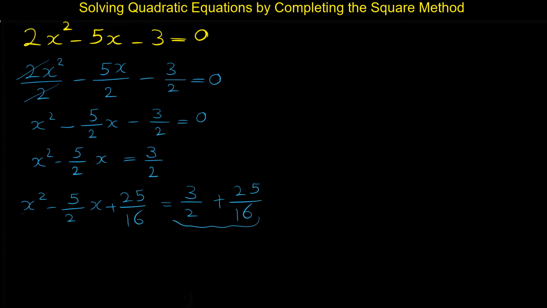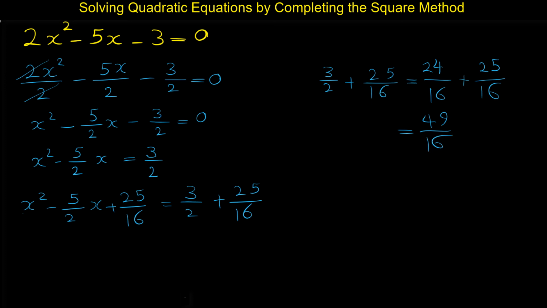If we simplify 3 over 2 plus 25 over 16, we have this. The common denominator between 16 and 2 is again 16. If we multiply numerator and denominator by 8 to make the denominator 16, we have 24 in the numerator and 25 here again. 24 plus 25 is 49 over 16.